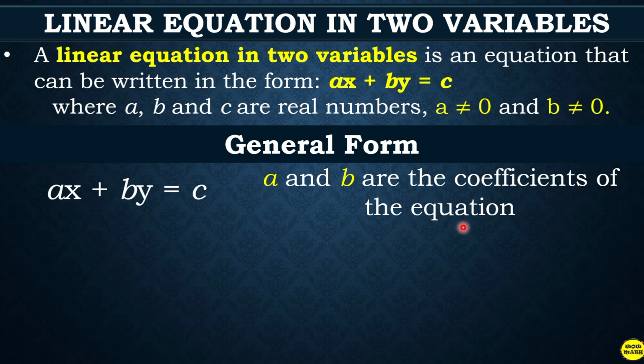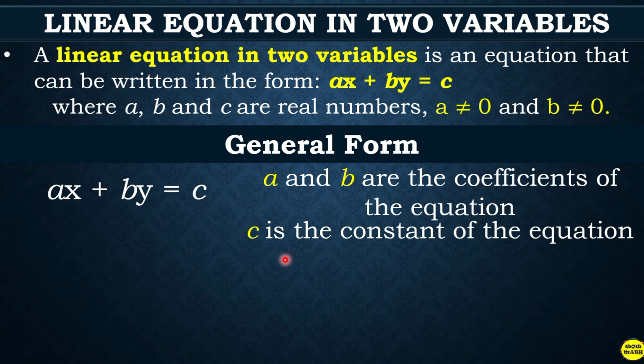So if you were asked, what are the coefficients of the equation? Then you have to look for the values or the coefficient of a and b. Okay? Now, how about this c? So your c is the constant of the equation.